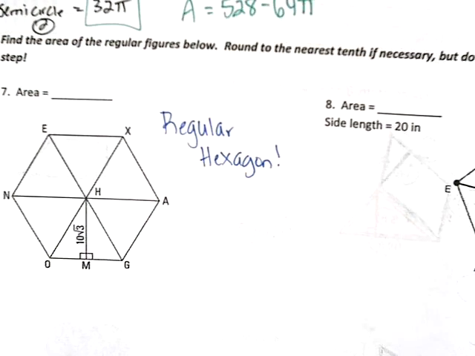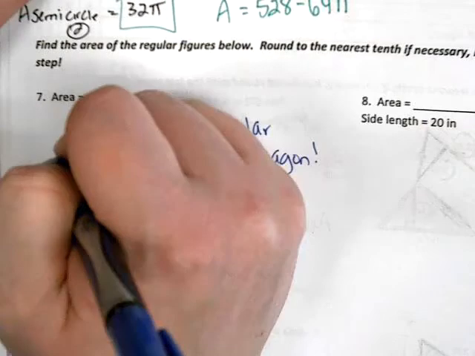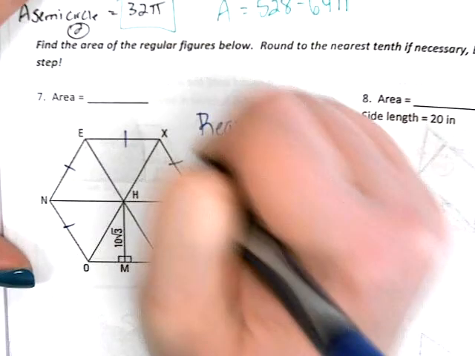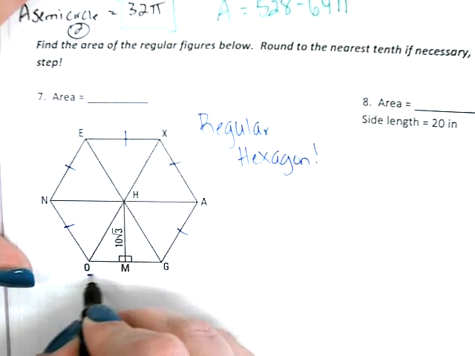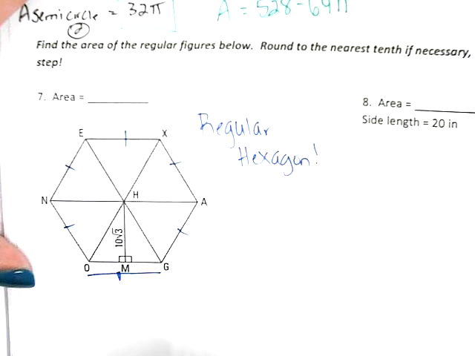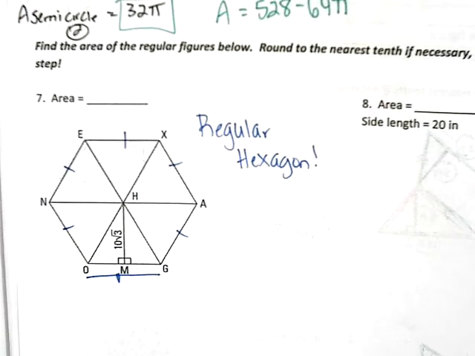And the other thing that we know about regular polygons is that all of the sides and all of the angles are congruent. So I'm going to go ahead and put tick marks on all of these sides, and OG is also congruent to the others. So I'm thinking if we can find the area of one of those triangles, then we just have to multiply by 6 and we'd get our total area, right?